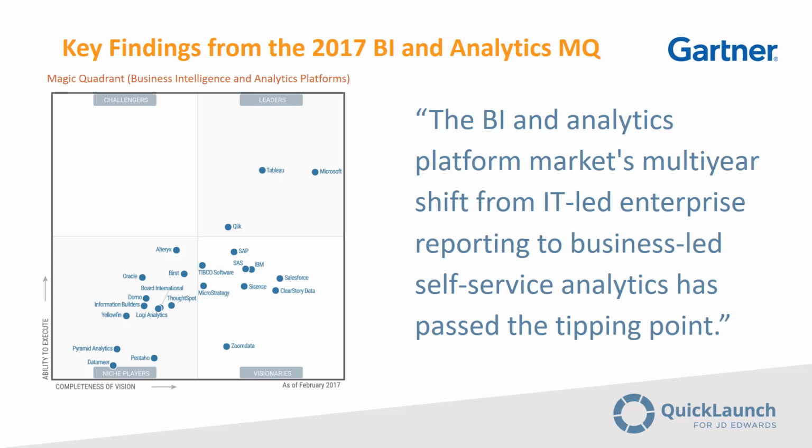If you're not familiar with Gartner, the goal is to be as far up in the upper right-hand corner as possible. In 2017, which was a shift from 2015, there were several other vendors in the Leaders Quadrant, all the mega vendors: SAP Business Objects, IBM Cognos, Oracle.